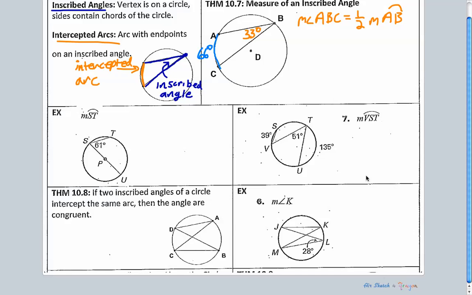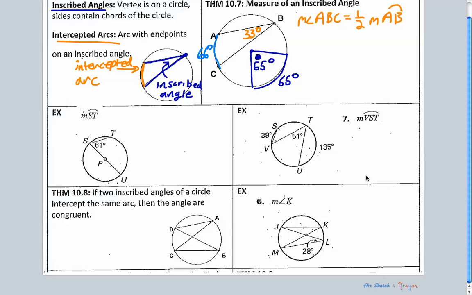Now I don't necessarily want you to write this down. This is for explanation purposes only. But remember, this thing in blue was a central angle. So if we said this angle was 65 degrees, then this arc out here was also 65 degrees. I want you to see the difference.